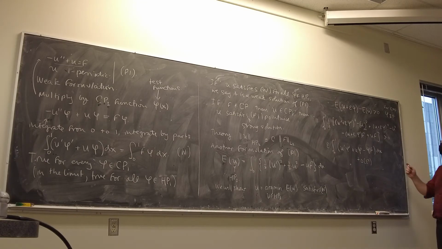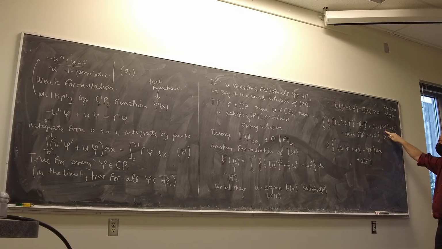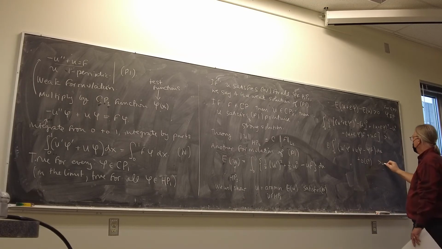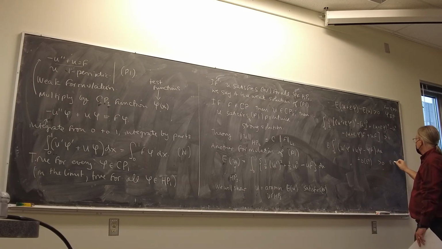And be a little bit careful, right? The epsilon squared stuff is just epsilon squared size times the size of phi, right? So that's just some number times epsilon squared, everything that's left over, right? And this has to be positive for every epsilon that's not 0.